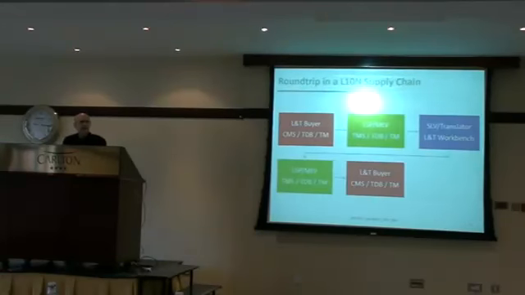Let's look at a simple example, a round trip in a localization supply chain, where we have a translation and localization buyer, a language service provider, which could be a multi-language vendor.